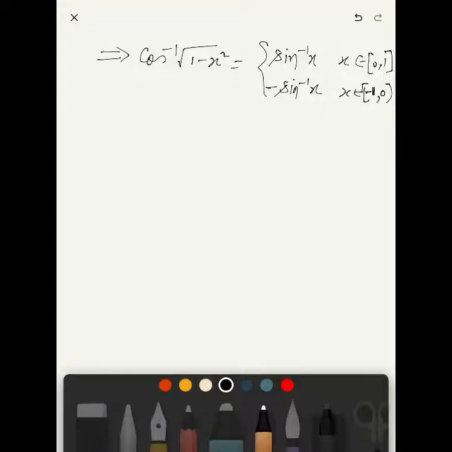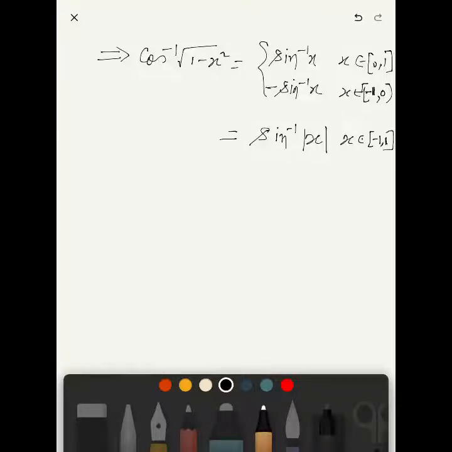You can write it the other way. I am doing nothing but transferring the left side to the right and the right one to the left side. And how do you write this in very short form? You can write it like this also: sine inverse mod of x, x belongs to -1 to 1.